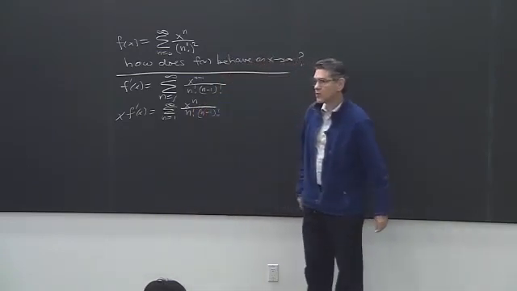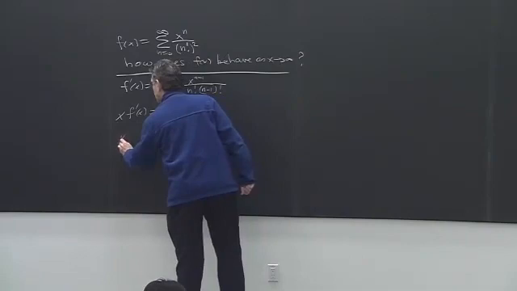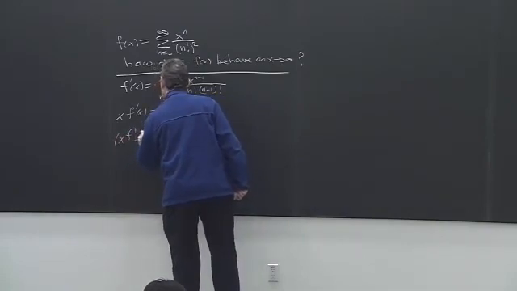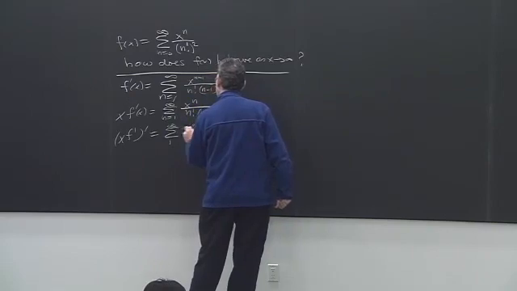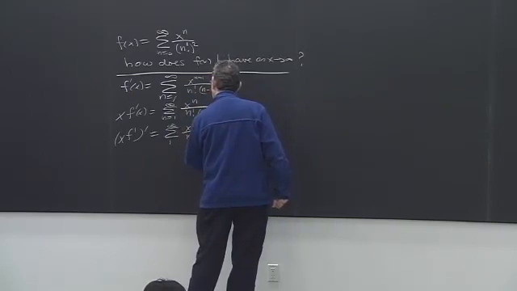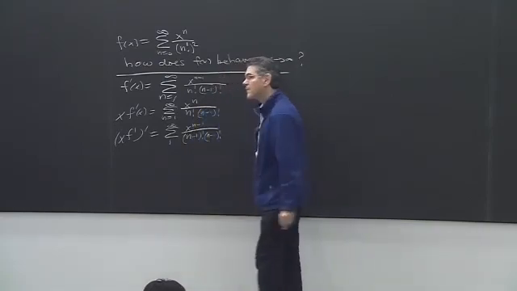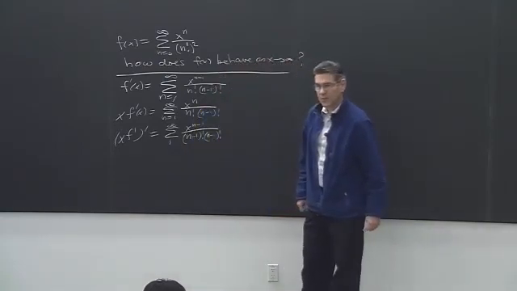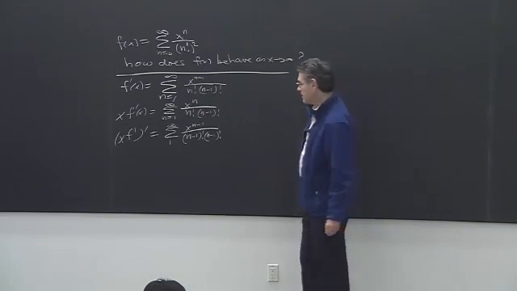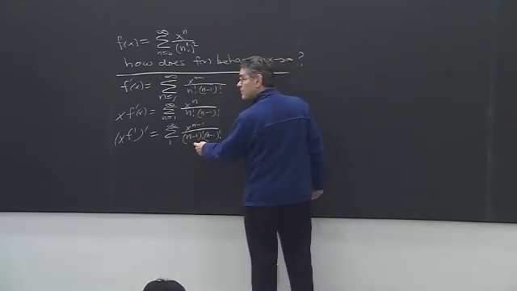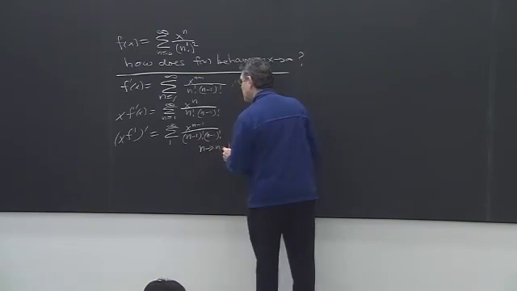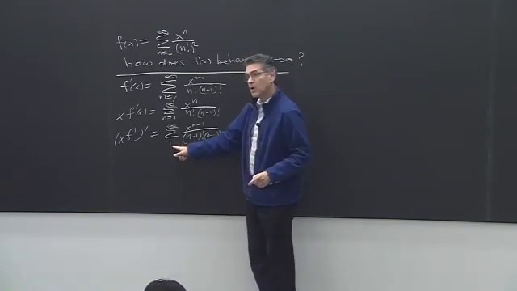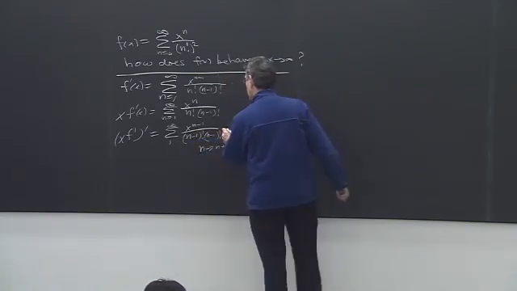And now let's take another derivative. X f prime prime would be the sum from 1 to infinity x to the n minus 1 over n minus 1 factorial times n minus 1 factorial. And if we shift the index, if we replace n by n plus 1, we have to compensate by lowering the limit to 0.